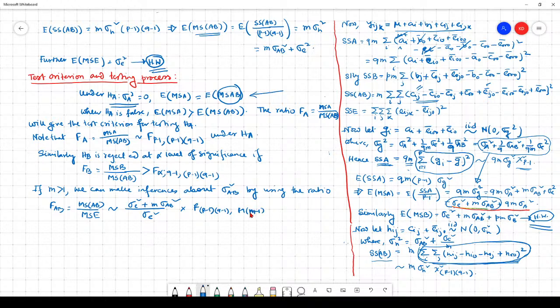But for the fixed effect model, this is not a central F. This is another difference.